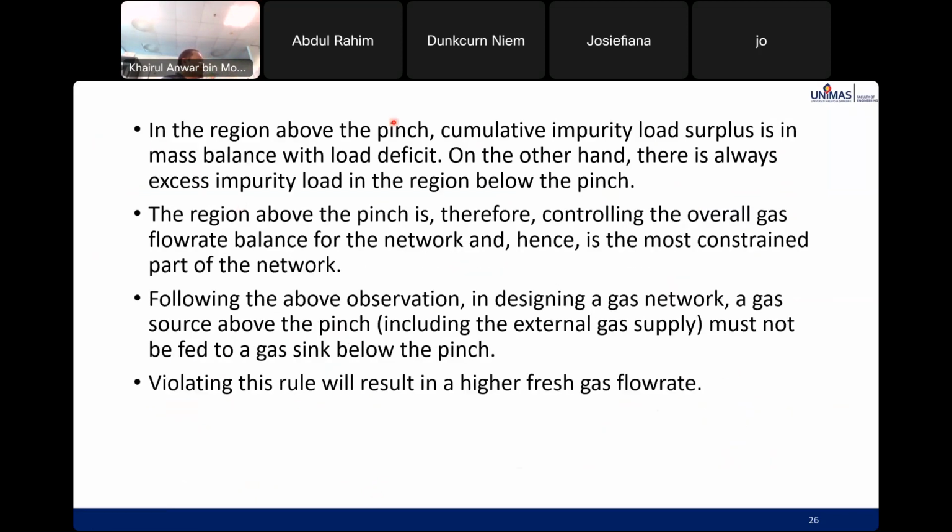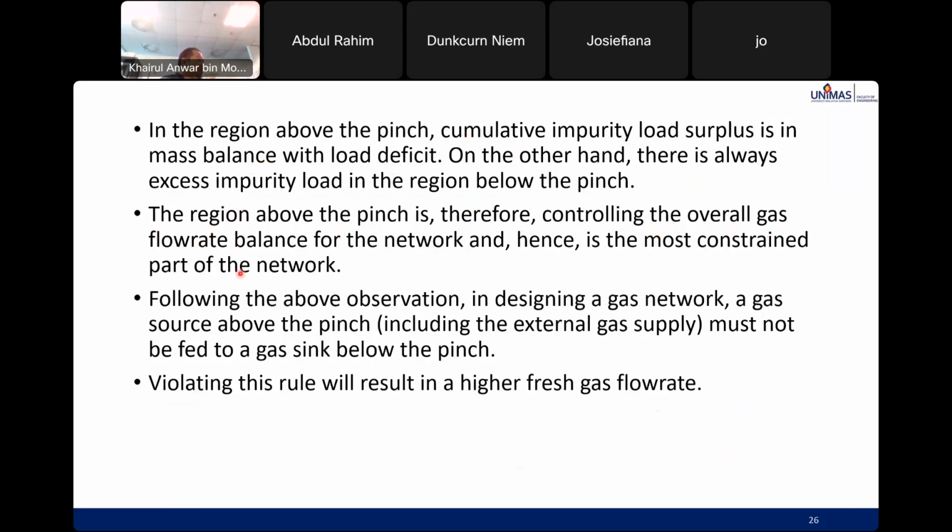In the region above the pinch, cumulative impurity load surplus is in mass balance with load deficit. On the other hand, there is always excess impurity load in the region below the pinch. So the region above the pinch is therefore controlling the overall gas flow rate balance in the network.